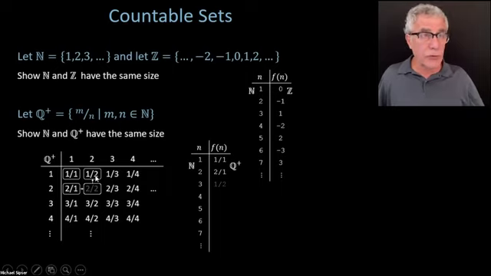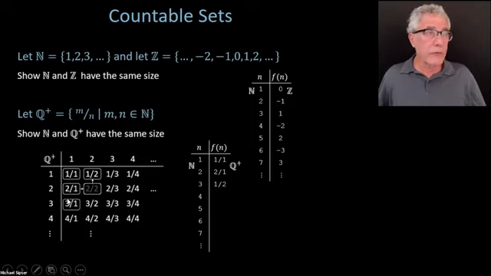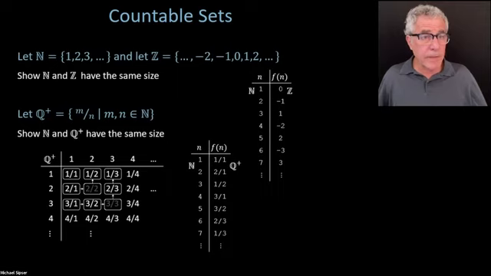We'll go to 1 over 2, which has not been seen before. And then we're just going to continue doing the same thing. Now going to this next shell out here: 3 over 1, 3 over 2, 3 over 3. Same thing, I'm going to skip over that one. 2 over 3, 1 over 3. I hope you're getting the idea.